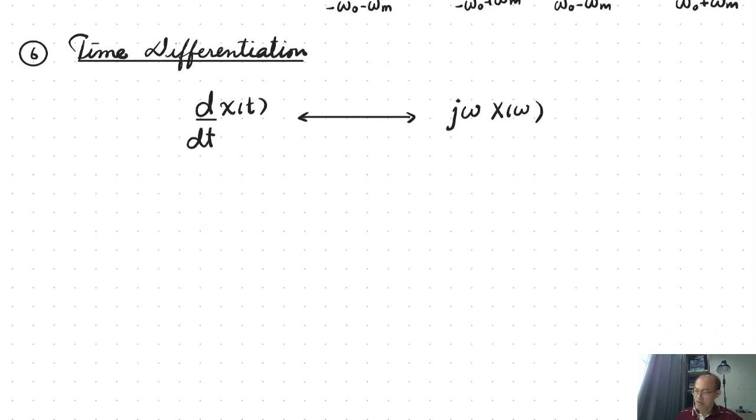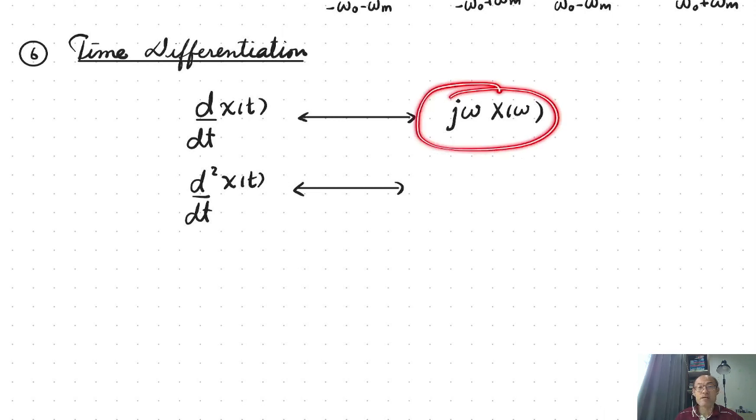Okay, now if you do it twice, you can always do it twice, right? If you do it twice, then the result would be just multiply this with another j omega. Now, if you do that, we're going to get minus omega squared X of omega.